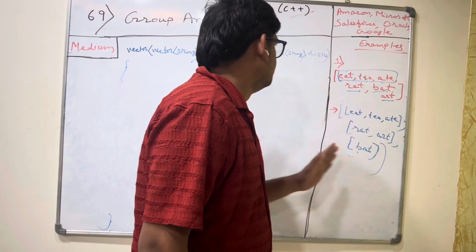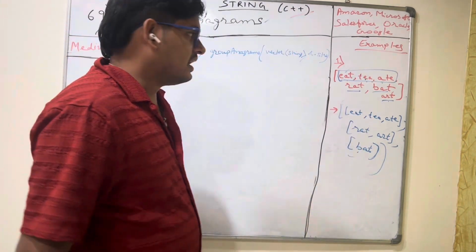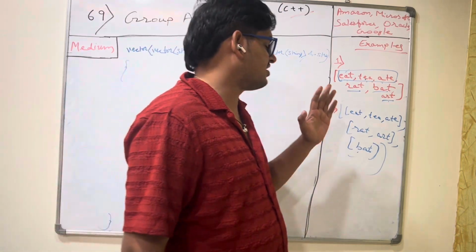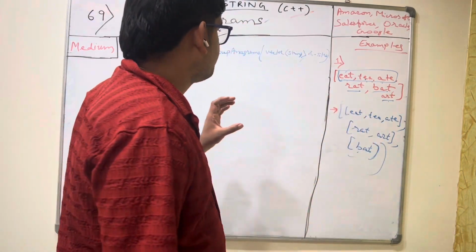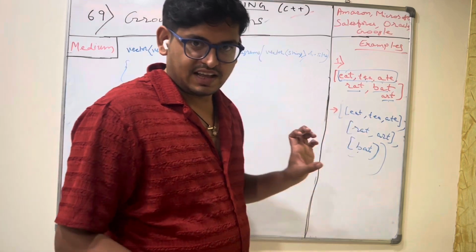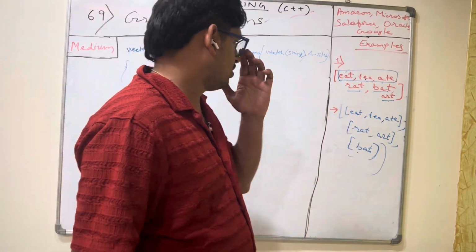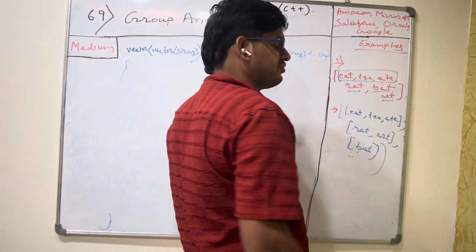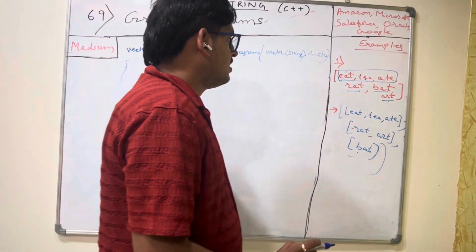So now how do we solve this? In valid anagram we used a hash map data structure to see whether the two strings that are given are anagrams of each other or not. Now here what do we do? Here we have a vector of strings and we need to group them.